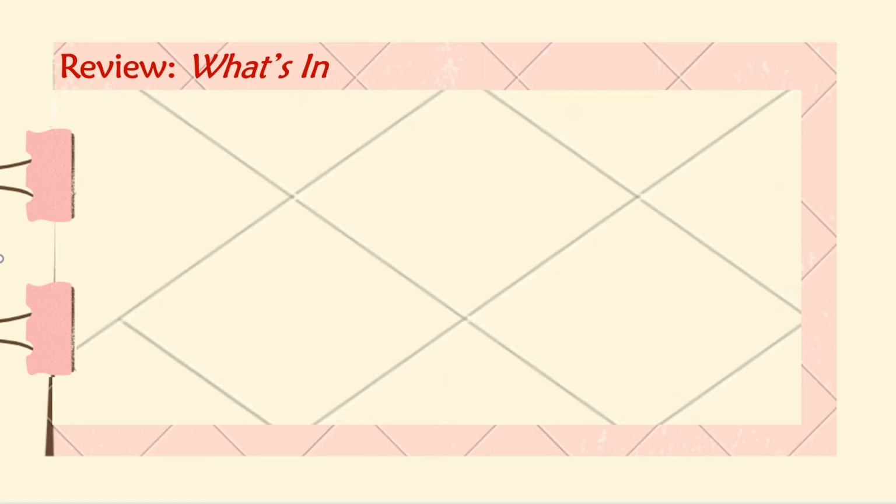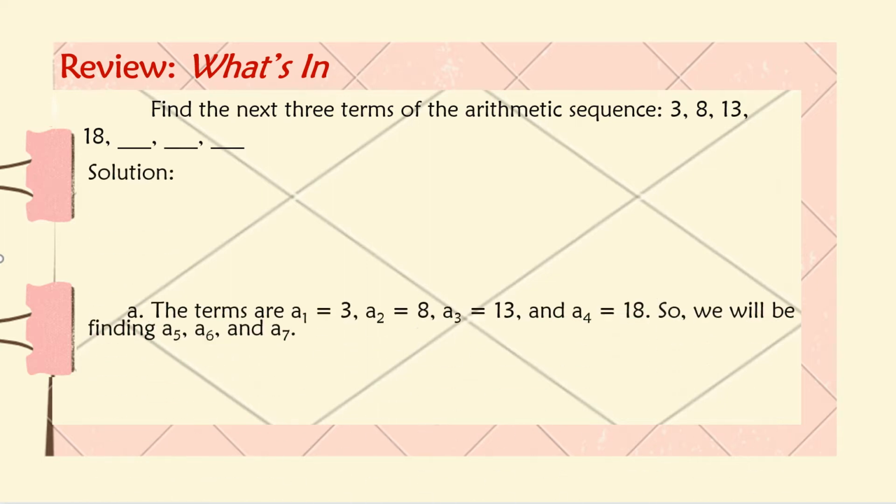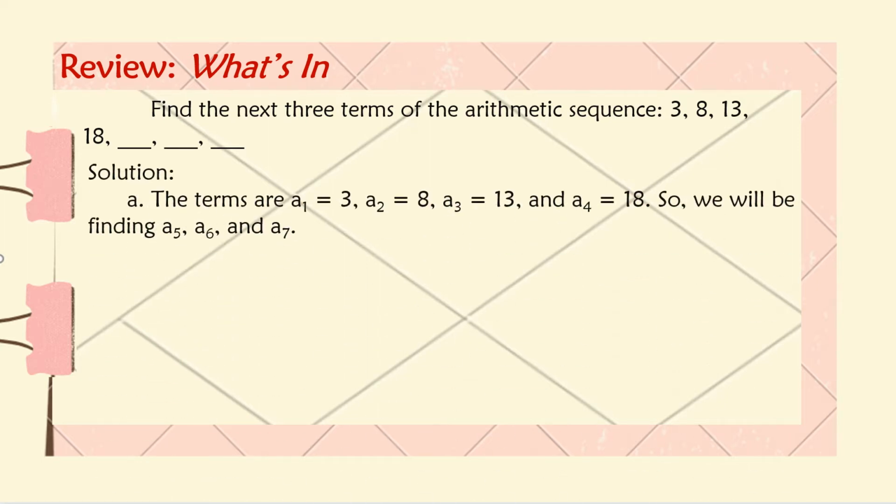Let's have first a review. Find the next three terms of the arithmetic sequence 3, 8, 13, and 18. What are the next three terms? Let's have our solution. The terms are a sub 1 is equal to 3, a sub 2 is equal to 8, a sub 3 is equal to 13, and a sub 4 is equal to 18.